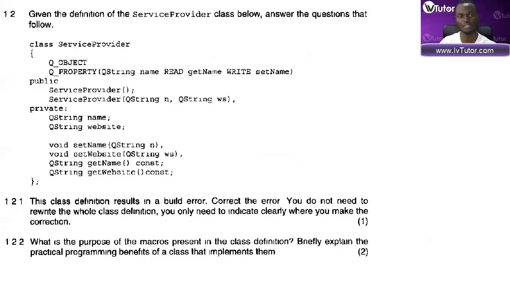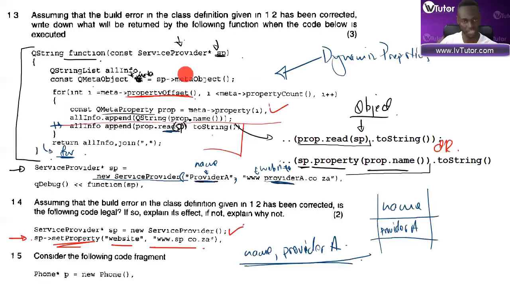Once your program is running, your meta object has already been created, which means you cannot get information about dynamic properties from your meta object because they were not there when the meta object was created. Your meta object is created at compile time before your program runs.